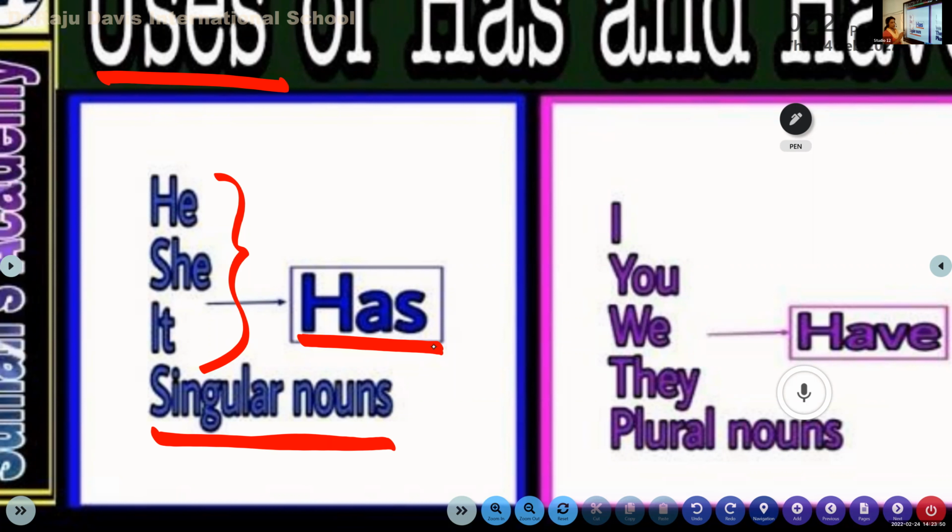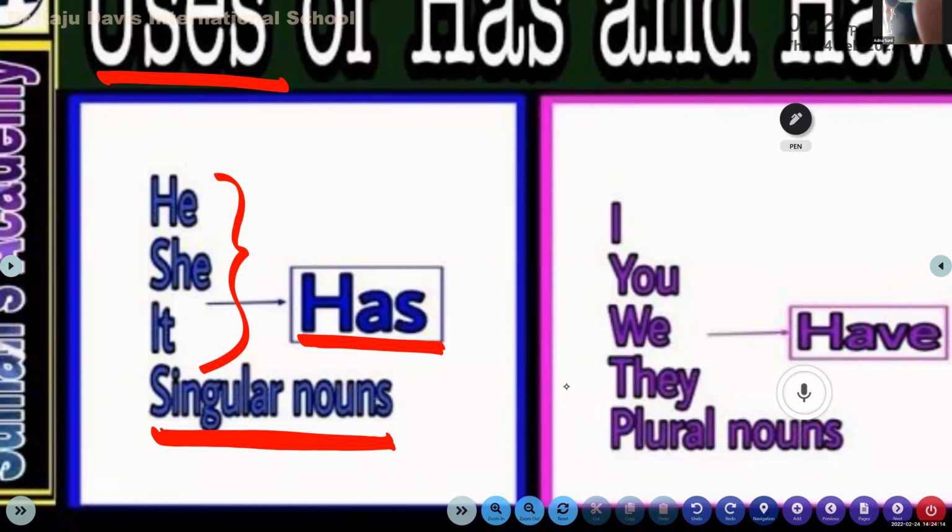So today we are going to learn about the usage of has and have. So let's learn first has. Has is used with singular nouns. Singular means what? One. So when we talk about one, we use has.